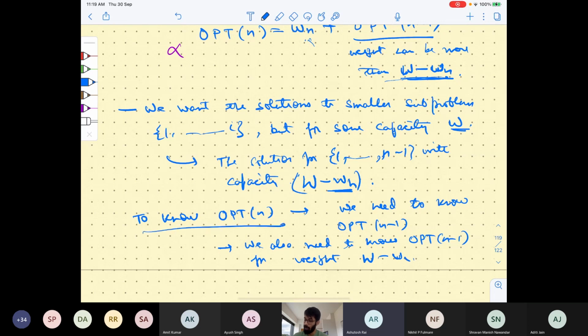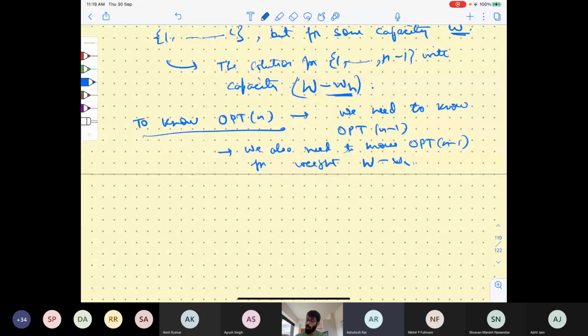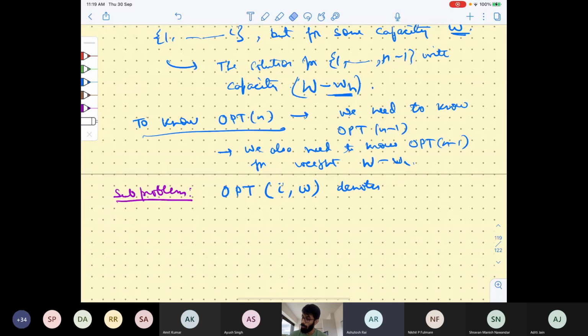I said the same thing actually, but fine. So what is the candidate for our subproblem? Let's say we'll have another variable in our subproblem. Let OPT(i, W) denote an optimum solution for 1 to i and total weight W.